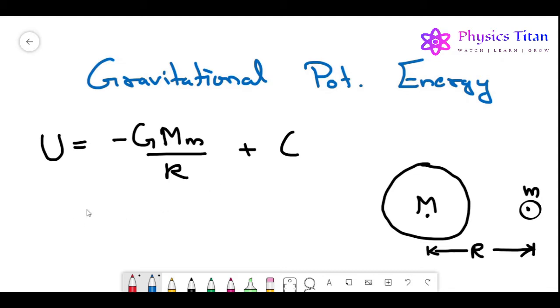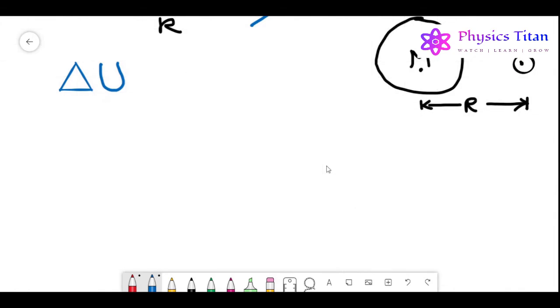That is, only the difference of gravitational potential energy really matters. Therefore, we can choose this constant to be equal to 0. So the formula becomes U equals minus G M m upon r.